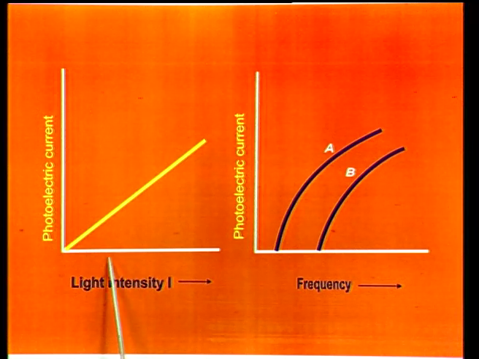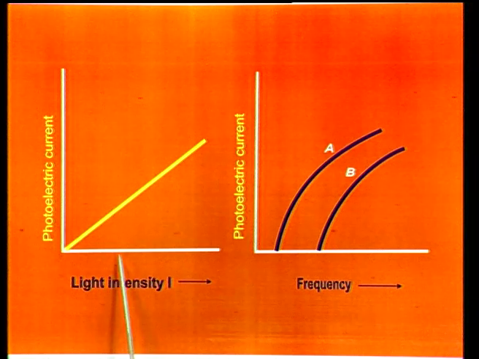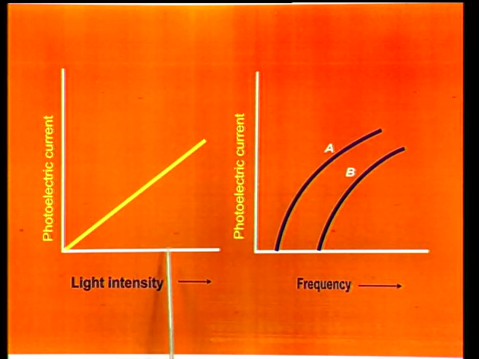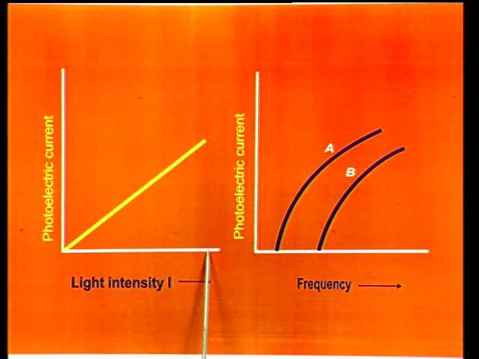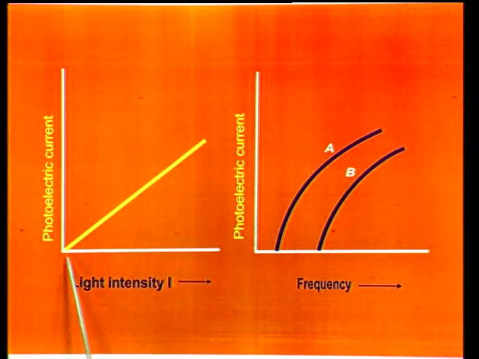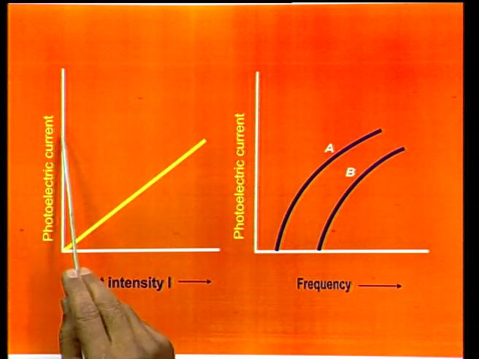Instead of a smaller bulb, we will use a bigger bulb, like a 10 watt bulb, 15 watt, 25 watt, 40 watt, 60 watt, or 100 watt bulb. As we increase the wattage of the bulb, we are increasing the light intensity, and the photoelectric current increases.